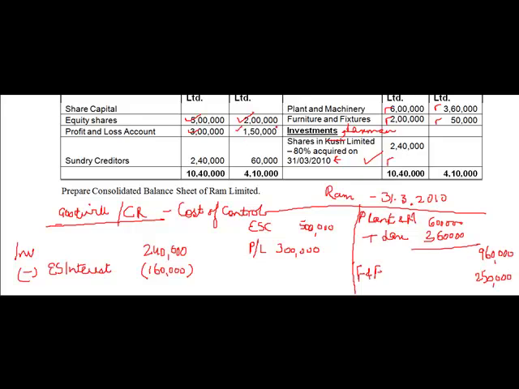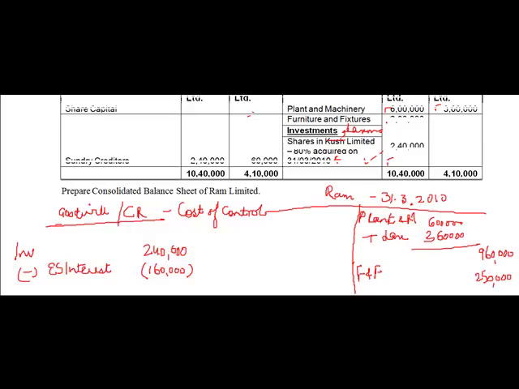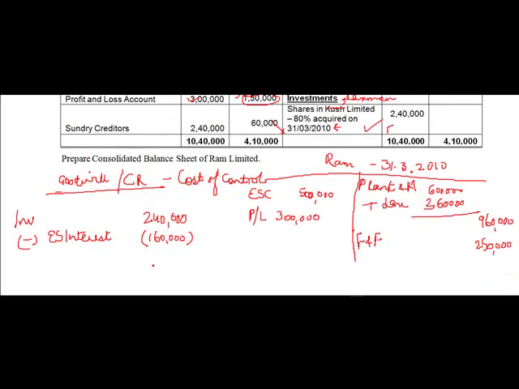Now the important thing to note here is that this 1,50,000 is on what date? It is on 31/3/2010. As I had discussed earlier also with you, in this case 1,50,000 is what I have paid on 31/3/2000, and 1,50,000, 80% of that belongs to me.